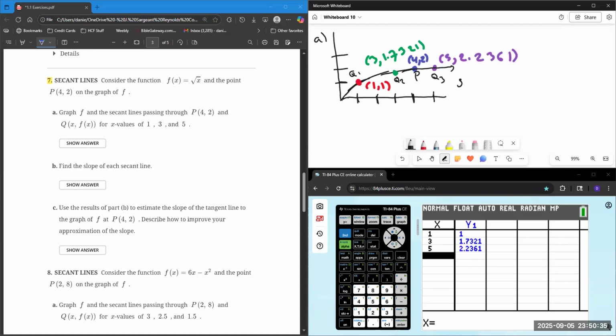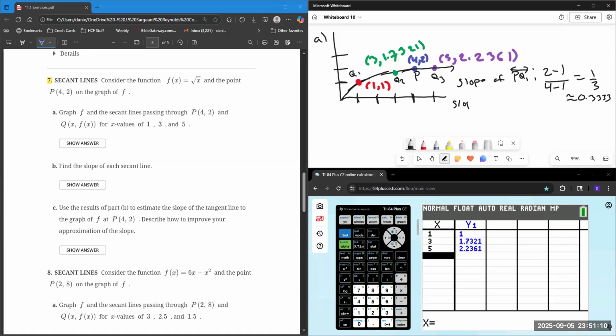The slope of the line through P and Q1 is y2 minus y1 over x2 minus x1, which is exactly 1/3, which is 0.3333.